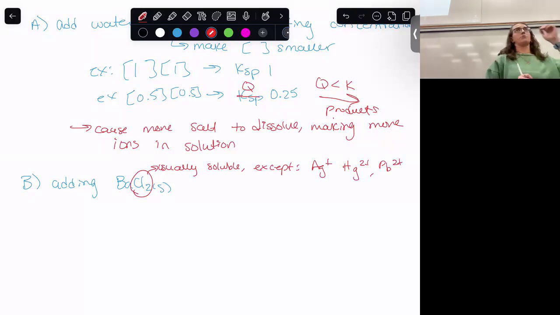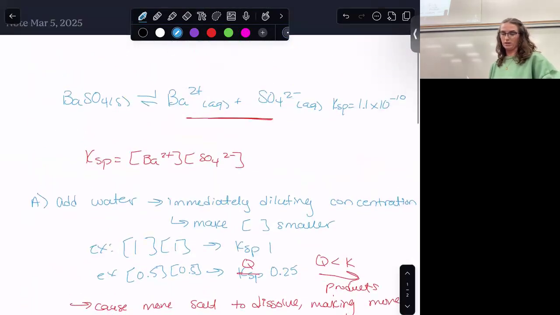So is barium one of the three exceptions? No, right? So anything with chlorine is going to break apart. This would dissociate into barium 2+ and Cl-. So that's going to increase the barium concentration and increase the chloride concentration.